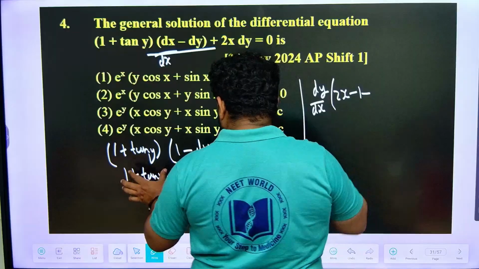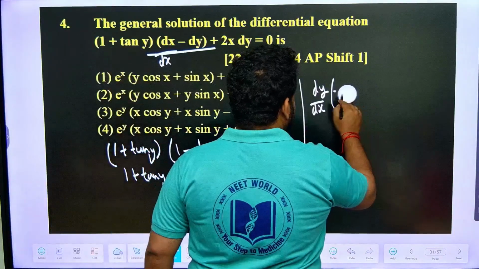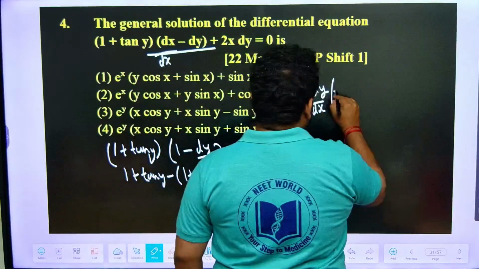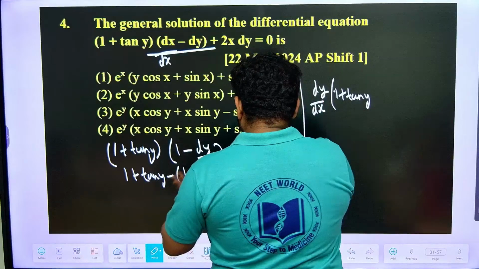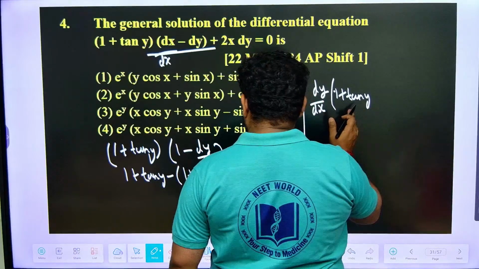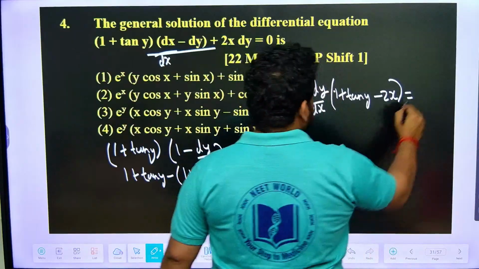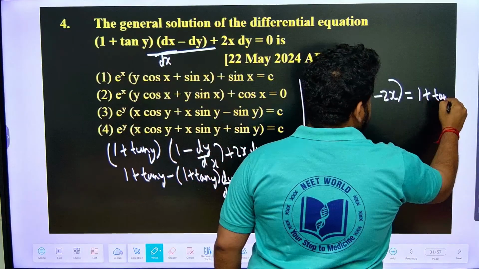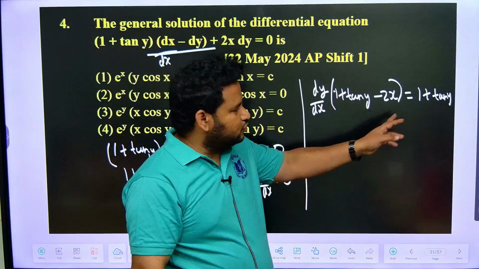Or I want to keep it in the form of 1 plus tan y only. What I can do is, if I take it that side, 1 plus tan y minus 2x is equal to 1 plus tan y.